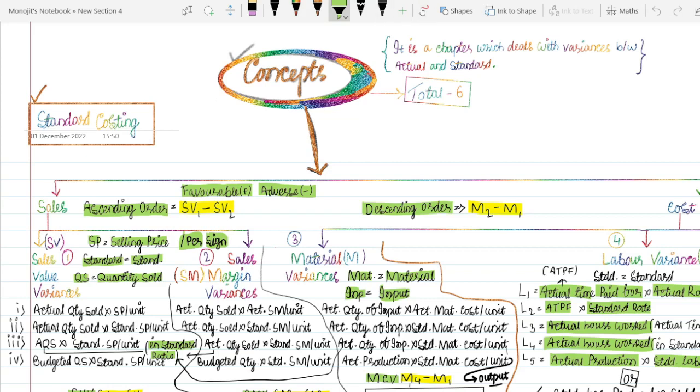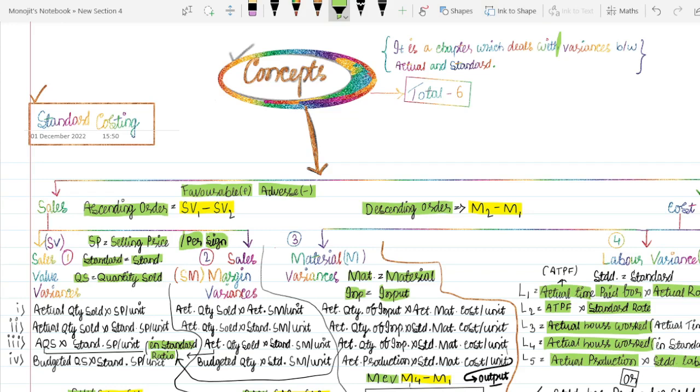So if we want to define the standard costing in a sentence, then we can say it is a chapter which deals with variances between actual and standard.